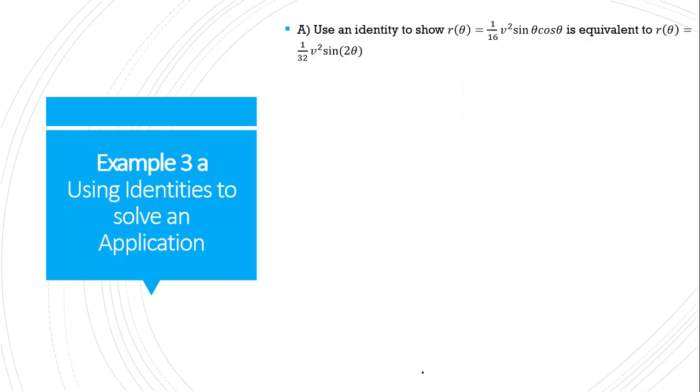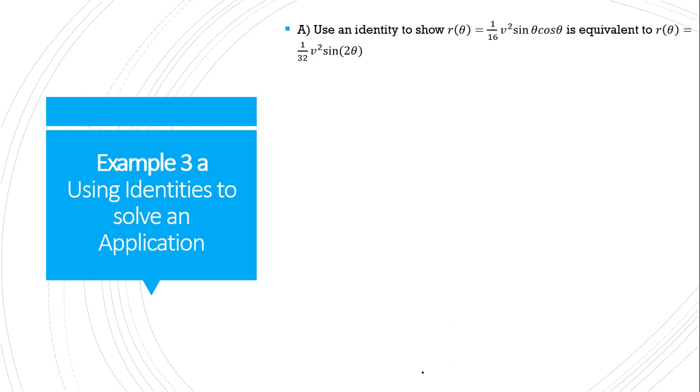So here's our first example: using identities to solve an application. Show that R of theta equals 1 over 16 v squared sine theta cosine theta is equivalent to R of theta equals 1 over 32 v squared sine of 2 theta. So I want to use some of the identities we've talked about in this section so far.